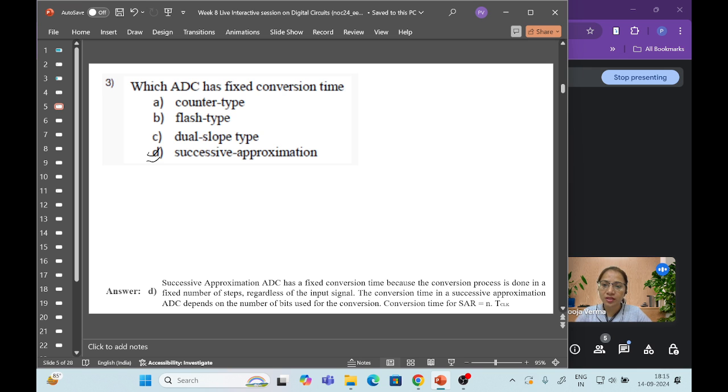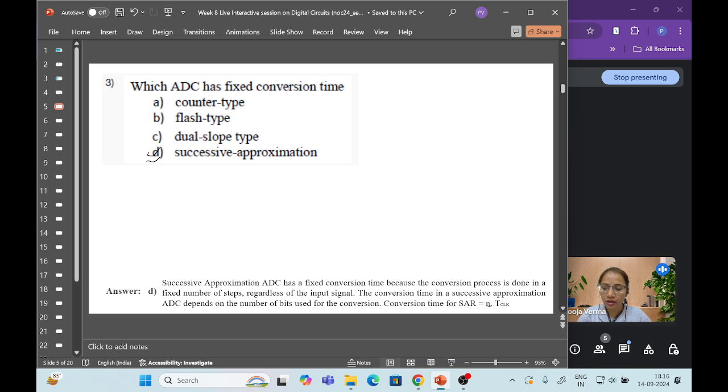Successive approximation has a fixed conversion time because the conversion is done in a fixed number of steps, regardless of the input signal. The conversion time depends on the number of bits used for conversion, that is n.